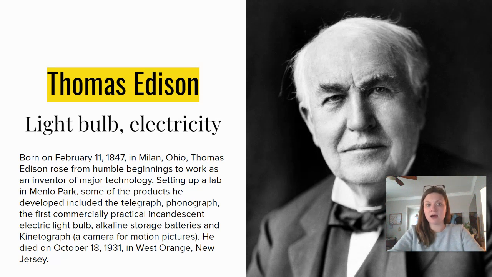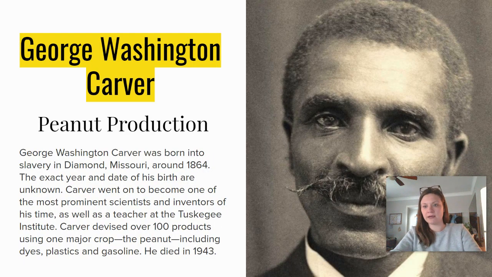Thomas Edison, of the light bulb, electricity, and so many more inventions that I had no idea until I started diving into the history of this time. These were the inspiration of the naturalists. We also had George Washington Carver, an African-American man who made peanut production become a really revolutionary invention.